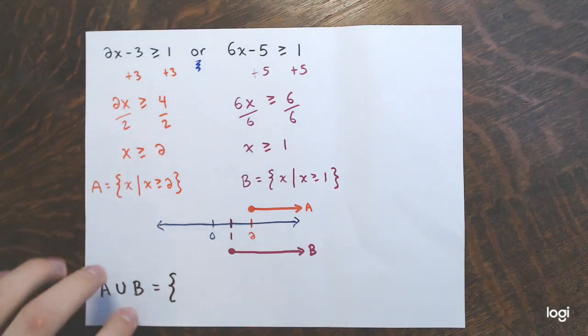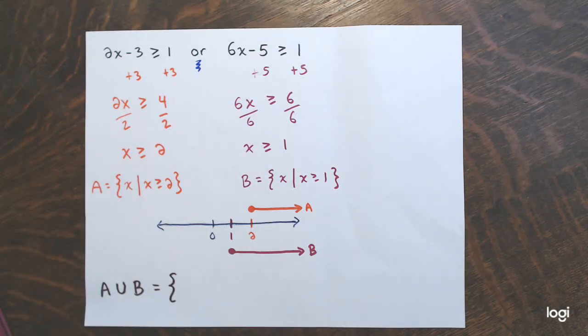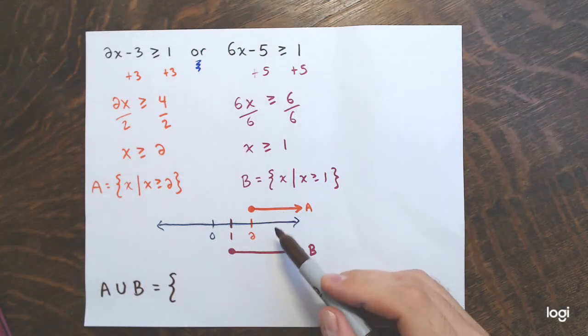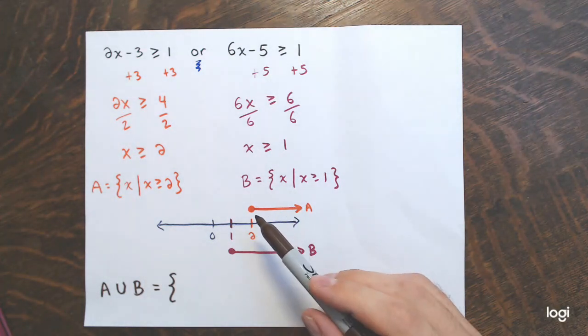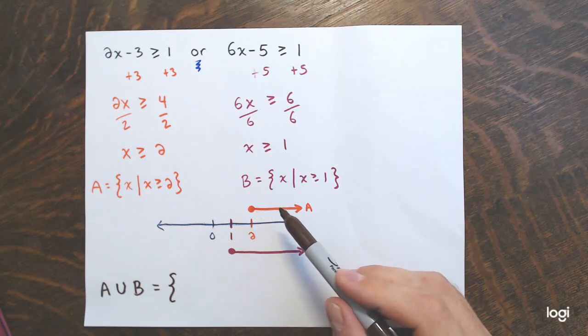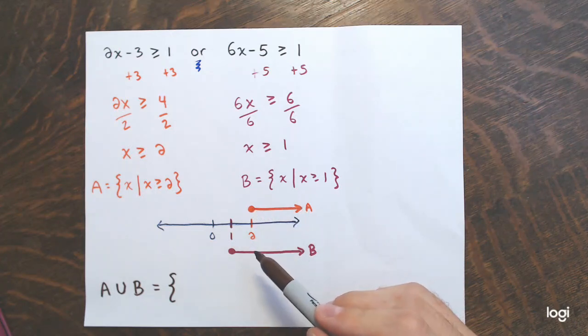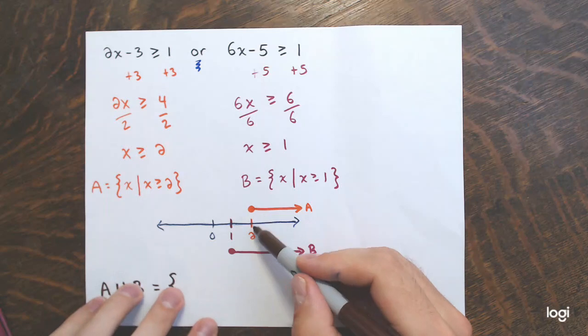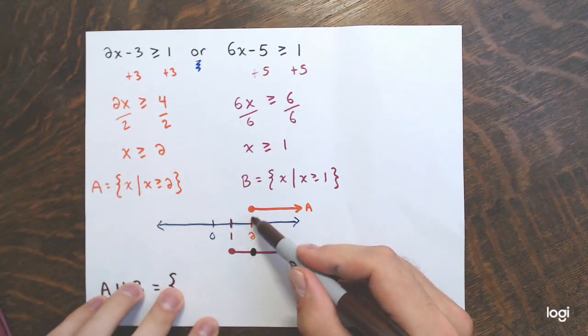So now look at these. This time there are actually numbers that belong to both. In fact, all the numbers 2 or greater belong to B as well. You see that? 2 is in B right there.